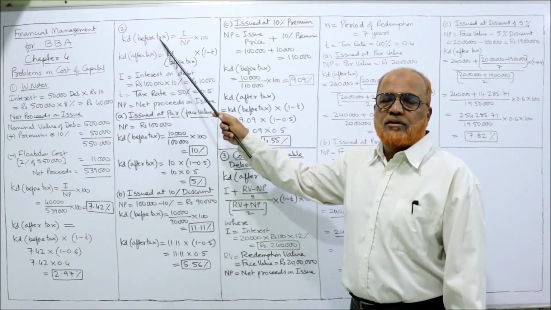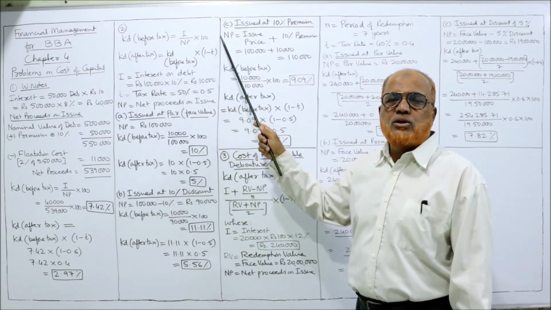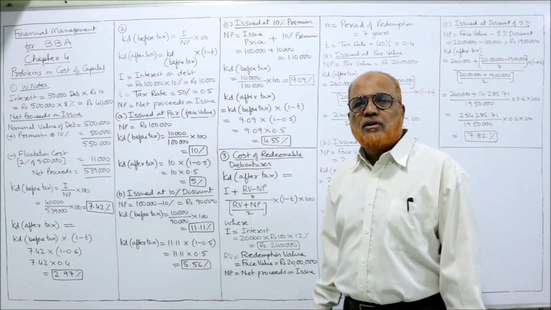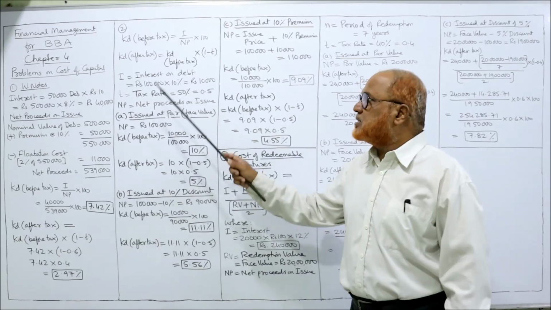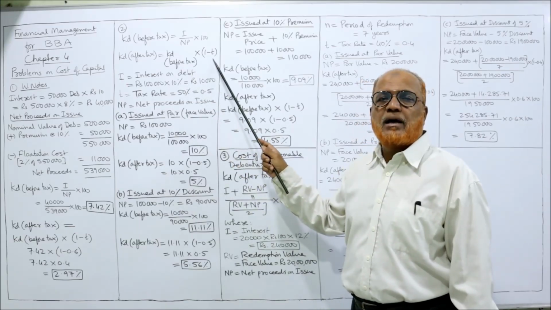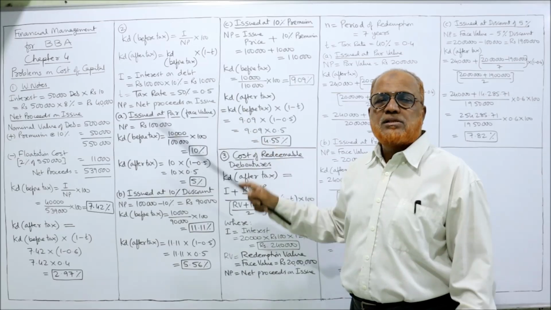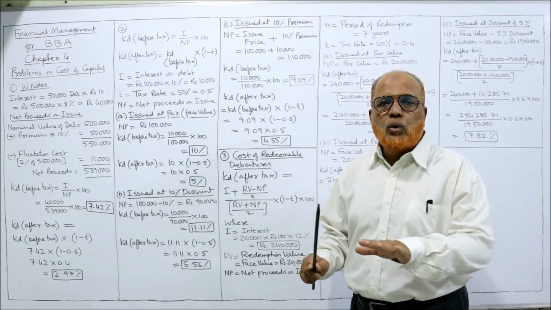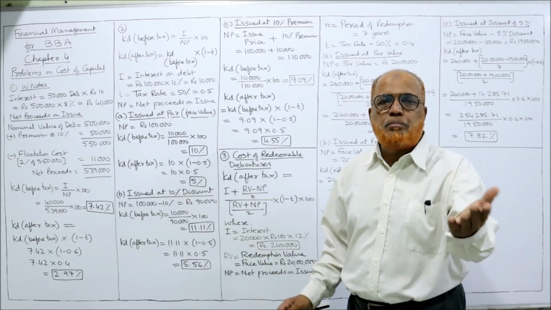KD before tax, the formula is I by NP into 100. If you want KD after tax, whatever KD before tax you get, multiply with 1 minus T. If you do not multiply 1 minus T, it is before tax.